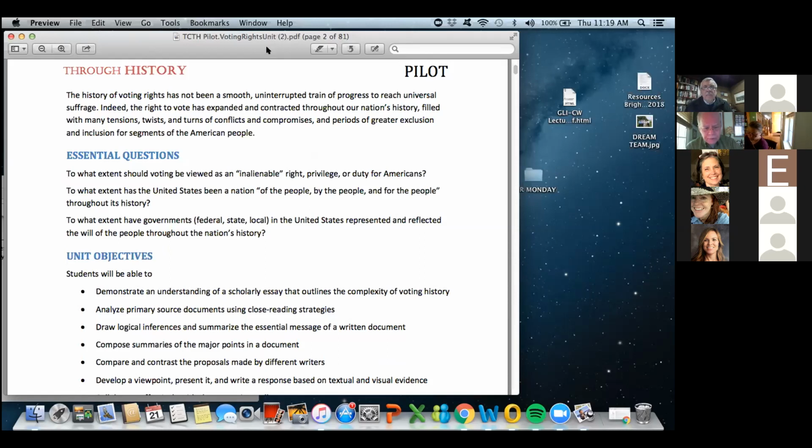Ultimately, with the progression of history, by the time of the aftermath of the Civil War, the federal government steps in with the 14th and the 15th Amendment, and then with subsequent amendments, and then finally with the Voting Rights Act of 1965.